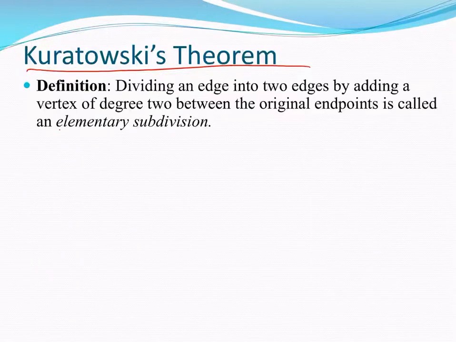And that is, we need to understand the concept of elementary subdivision. An elementary subdivision is this: if you have an edge between two vertices in a graph, and you divide it into two edges with a vertex of degree 2 in between them, you've done what's called an elementary subdivision.